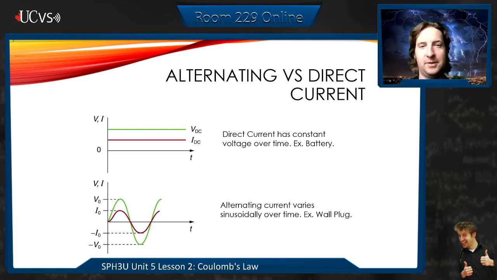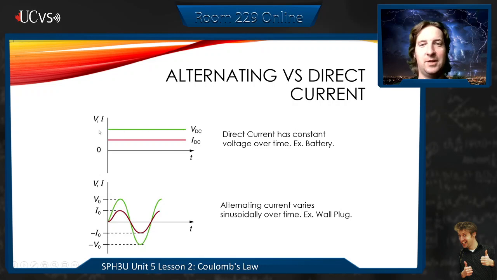Typically, things we plug into it use something called a rectifying circuit to make it always positive or make it closer to a direct current. That's what your cell phone charger, that little wall plug, does. It takes that 120 volt up and down and turns it into approximately 5 volt, approximately DC.